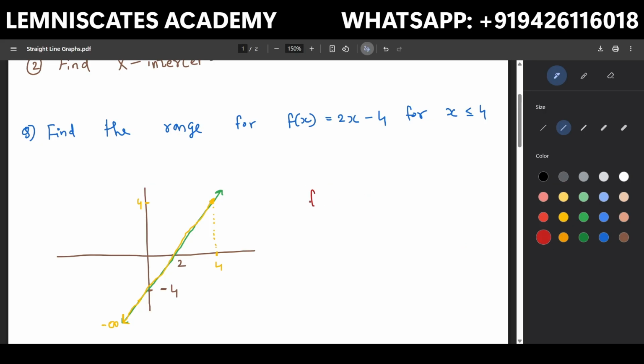Your range in this case is f of x can take all the values that are less than or equal to 4. That will become your range. 4 is the maximum value, and everything below that can be part of the output if this is the domain. So yes, this becomes your range finally.